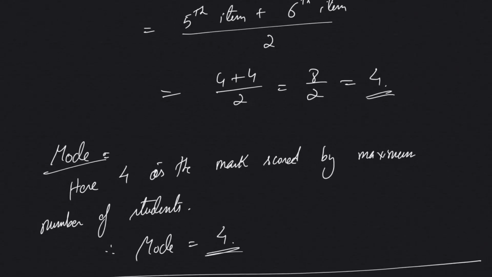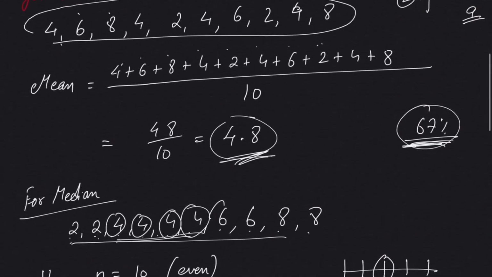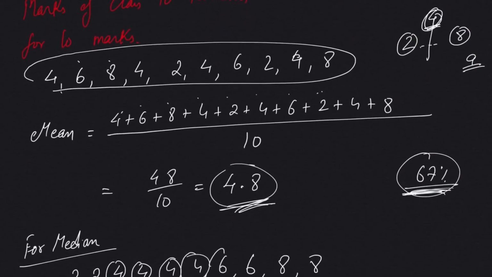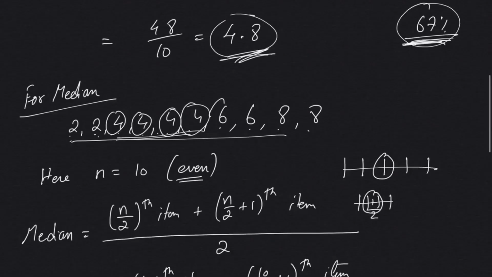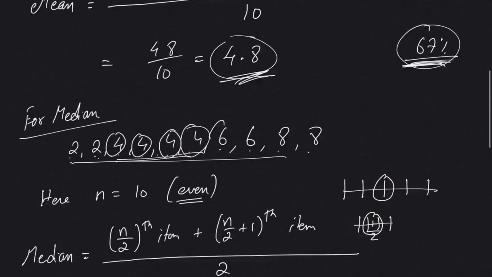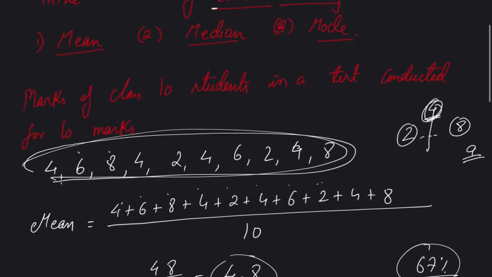So now you will see that all these three values are almost the middle value, that is 4, roundabout 4. So that's why these measures are called measures of central tendency, because they give us a value around the middle value of the population, where the maximum of the population is concentrated.